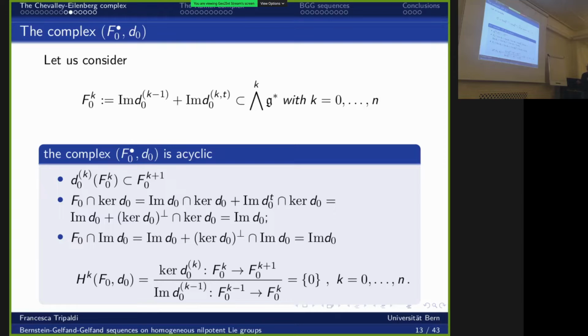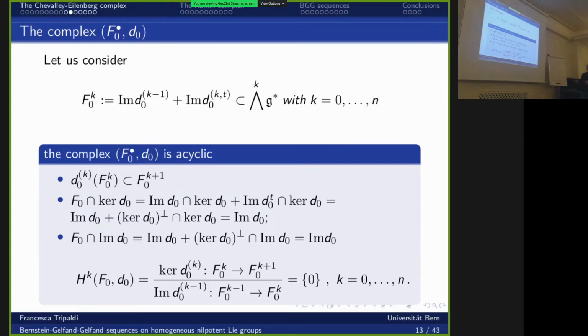And we can compute the cohomology of d0 when restricted to F0. The interesting thing is that by the properties of d0 and d0 transpose, the kernel of d0 restricted to F0 gives the image of d0.